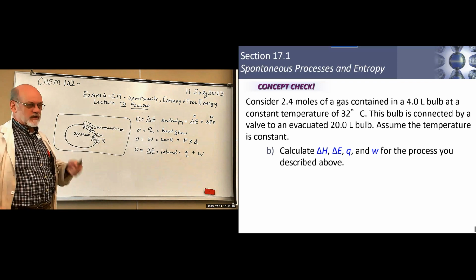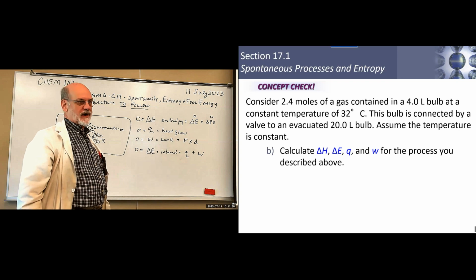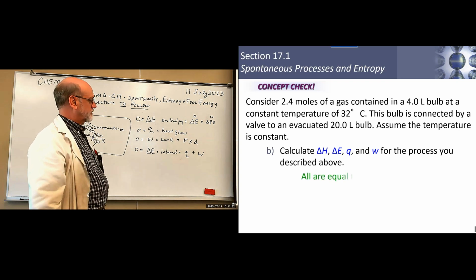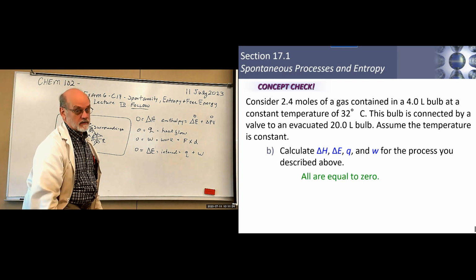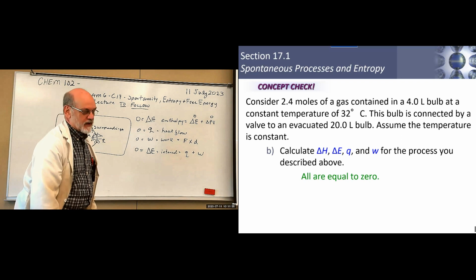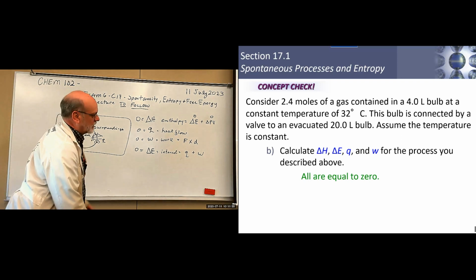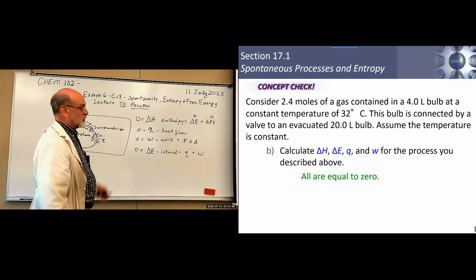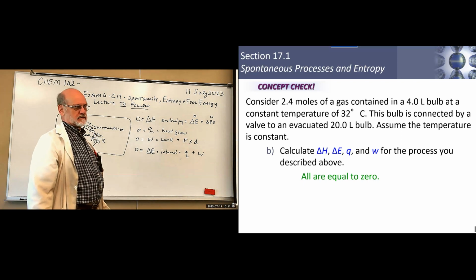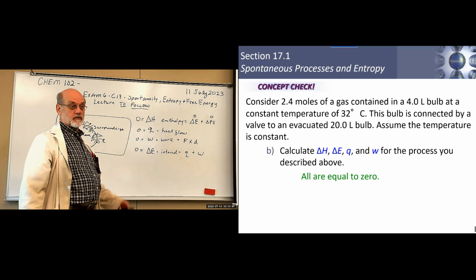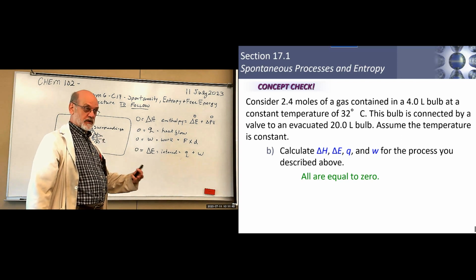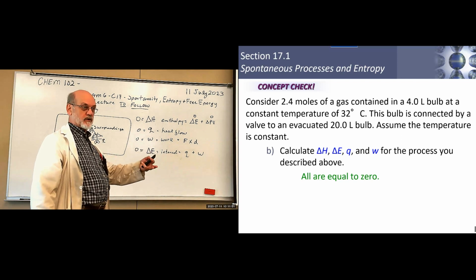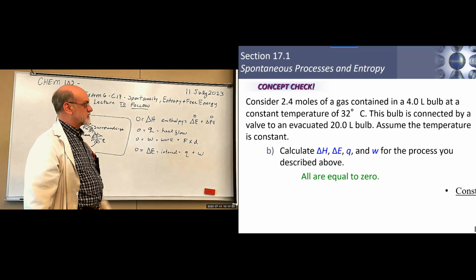Okay, that leaves us with a problem. How do we explain what happened? All are equal to zero, so we've got to come up with an explanation for why that gas moved. What was making it go from the 4-liter bulb into the 20-liter bulb until the pressure is equalized?